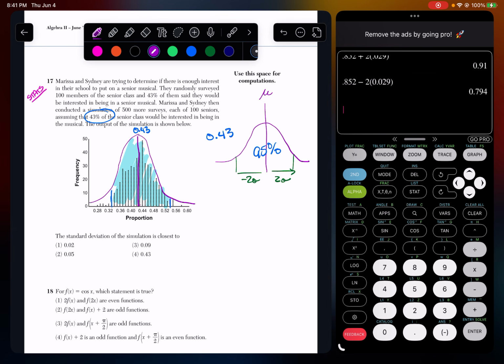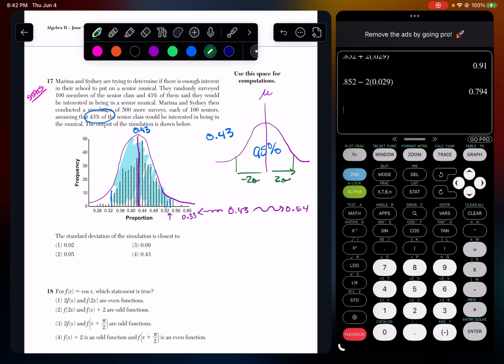If I look at this range, my mean is here. I put my upper bound at maybe 0.53 or 0.54. And I went down to approximately 0.32 or 0.33.